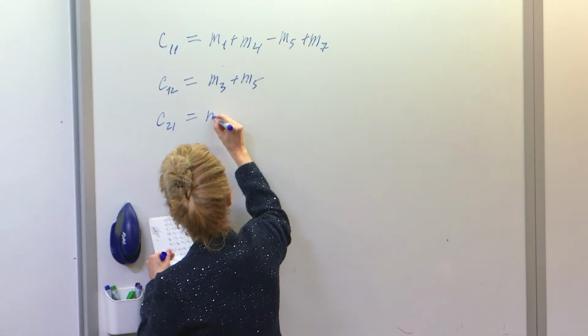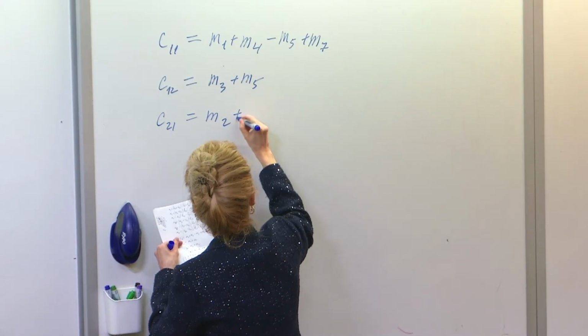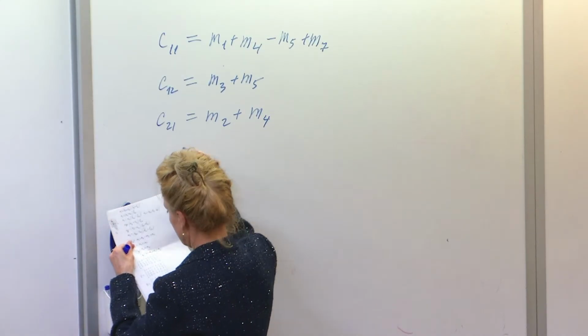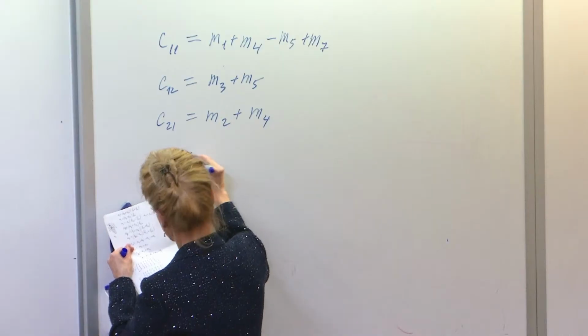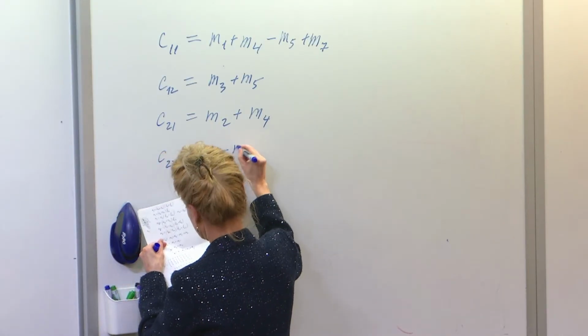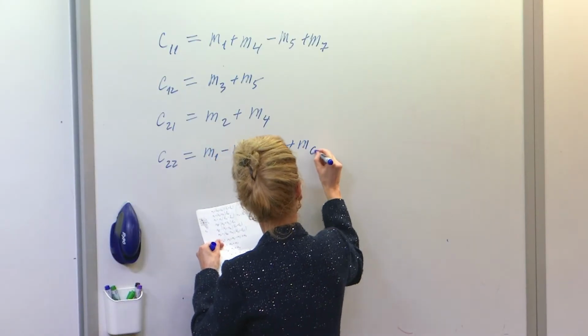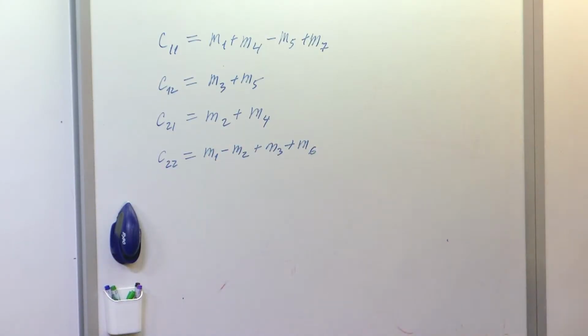C21 will be the other way around, the even ones, so M2 and M4. And then the last one, C22, will be M1 minus M2 plus M3 plus M6. And the first homework assignment for this lecture is to verify that all of this works out.